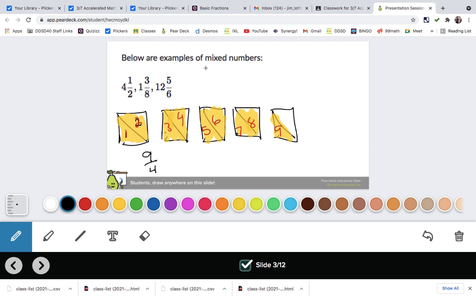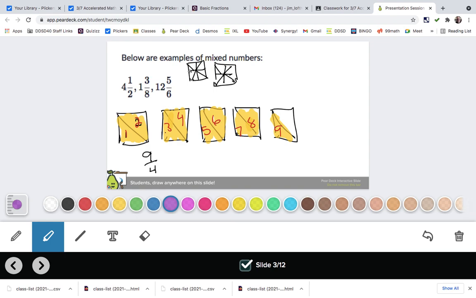1 3/8. So I'm going to draw a square, cut it into fourths, cut each of those in half, and I've got eighths. So I'm going to need to do more than 1 because it's 1 and something. So I'll get my highlighter out. Whoops, there we go. So there is the 1, that is 8/8, and then 3 more.